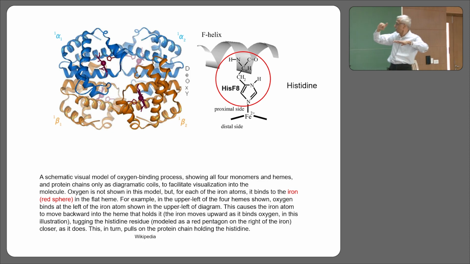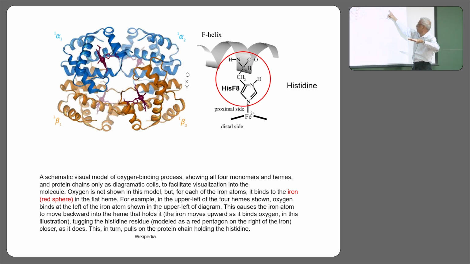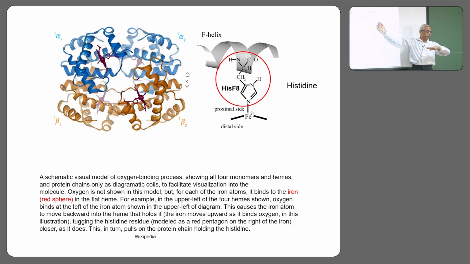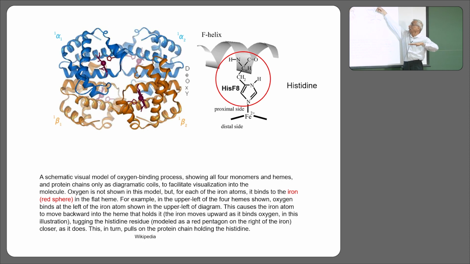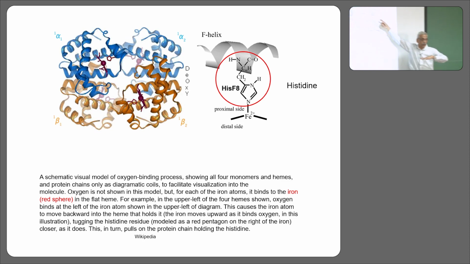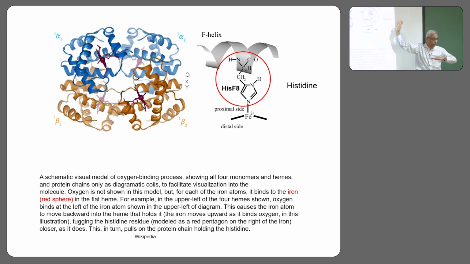That histidine molecule has a pentameric ring there. On one hand it is connected to the iron, and on the other hand it is a part of the alpha helix, which is a part of the alpha 1 of the whole hemoglobin molecule. Are you okay so far?